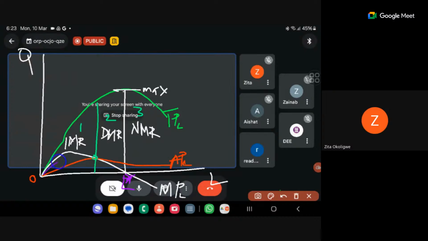As you can see in stage 1, the MP keeps going up, and TP is rising at high speed. But is this the best stage for the firm to stop? No. When you realize that as you're employing workers, your output is rising like mad, what should you do? You should keep employing more so that you can end up getting more. Why? You have not exhausted your capacity yet.